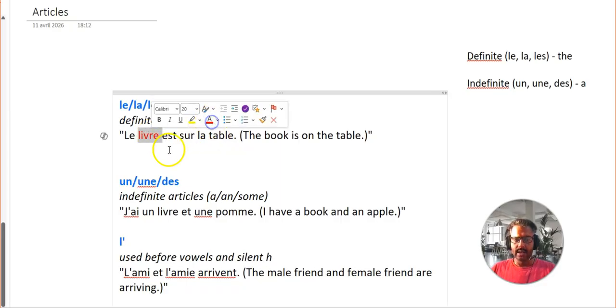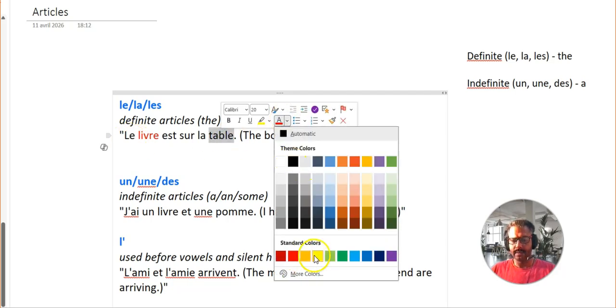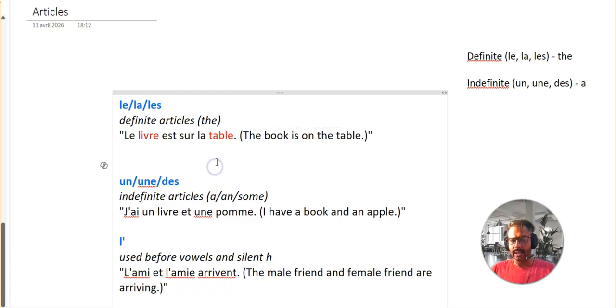Since livre is masculine, le livre, and table is feminine, so that is la table.